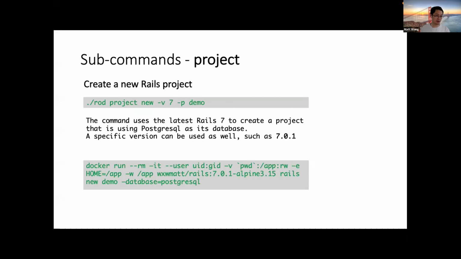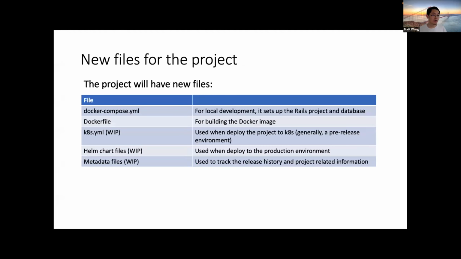behind that command, it is docker run. The docker run just uses those things to run Rails in Docker and to create a project named demo and use the Postgres database. So the new files during the creation of the project: the first one is the docker-compose YAML file. This is for local development.